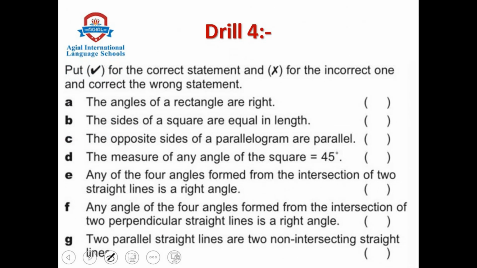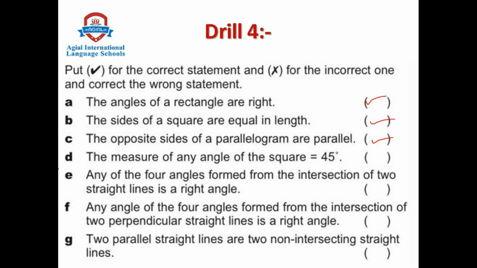Now put true for the correct statement and false for the incorrect one, and correct the wrong statement. Letter A, the angles of a rectangle are right. This is true. Letter B, the sides of a square are equal in length. This is true. Letter C, the opposite sides of a parallelogram are parallel. This is true.